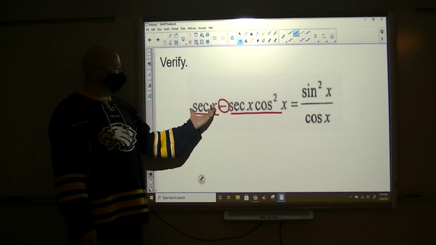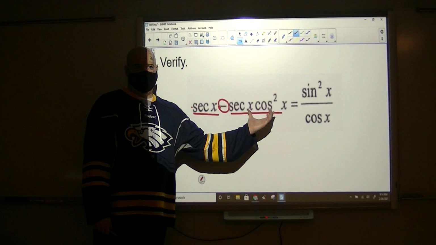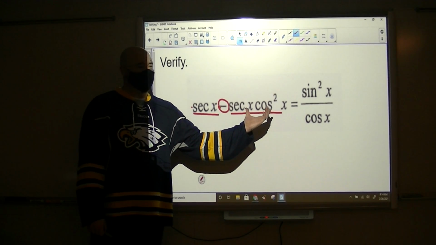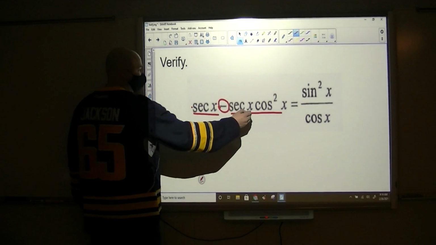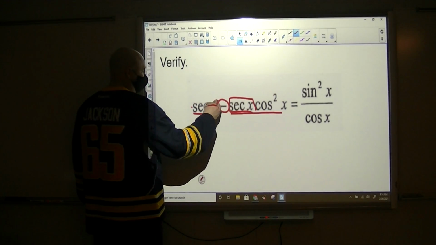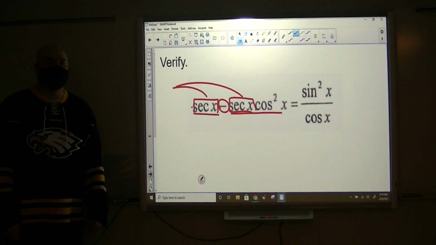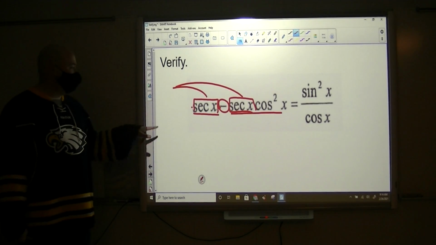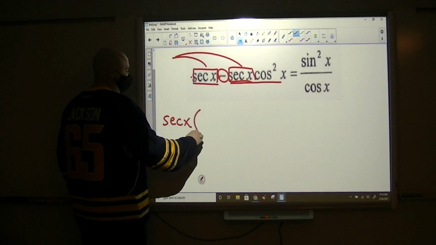Is there something here that we also see over here? I hope it's obvious, and it's not just x, it's secant x. So we can take the secant x and factor it away from both of these parts. So now the first step is factoring. So we take out the secant x.